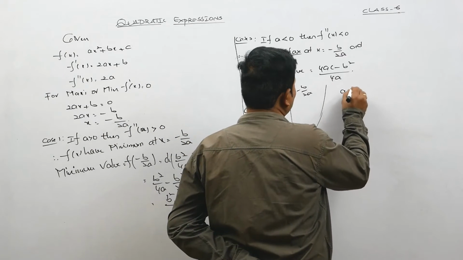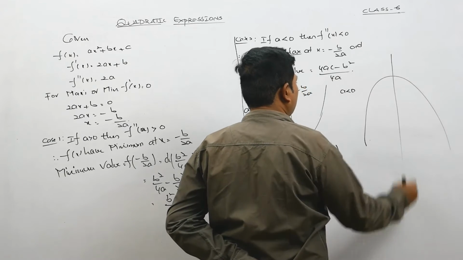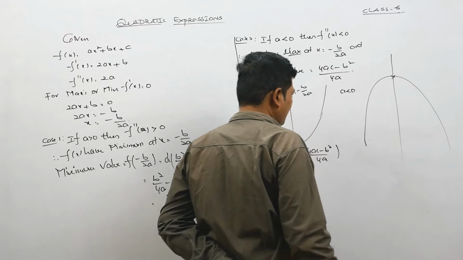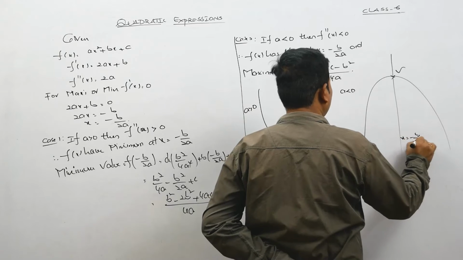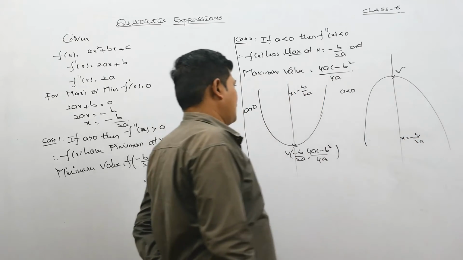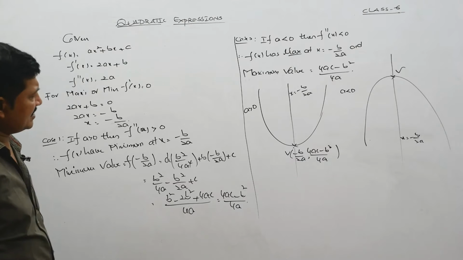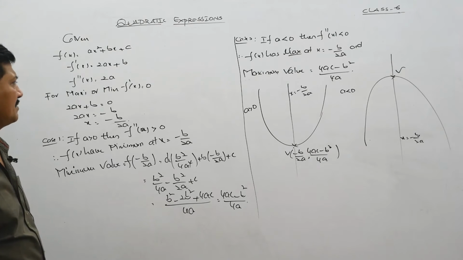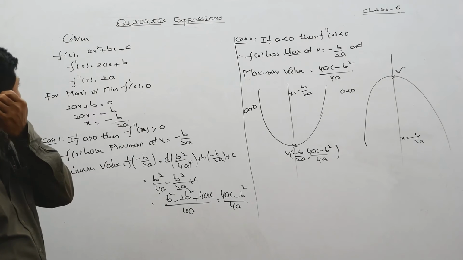Suppose a is less than 0, then the parabola is in the reverse shape, and here this will become the vertex, with x is equal to minus b by 2a. So these are the diagrammatic representations for maximum as well as minimum, and you can see different cases are there, but this is enough for understanding.